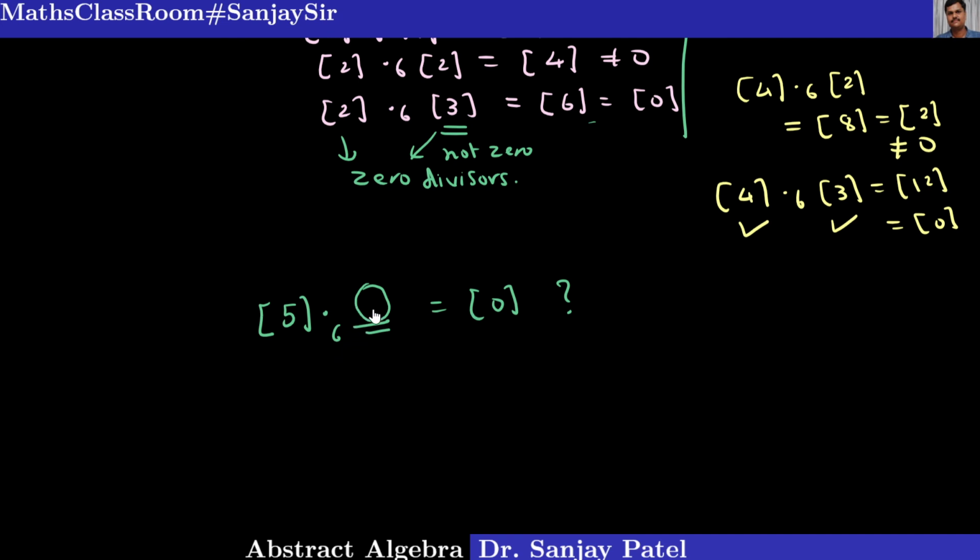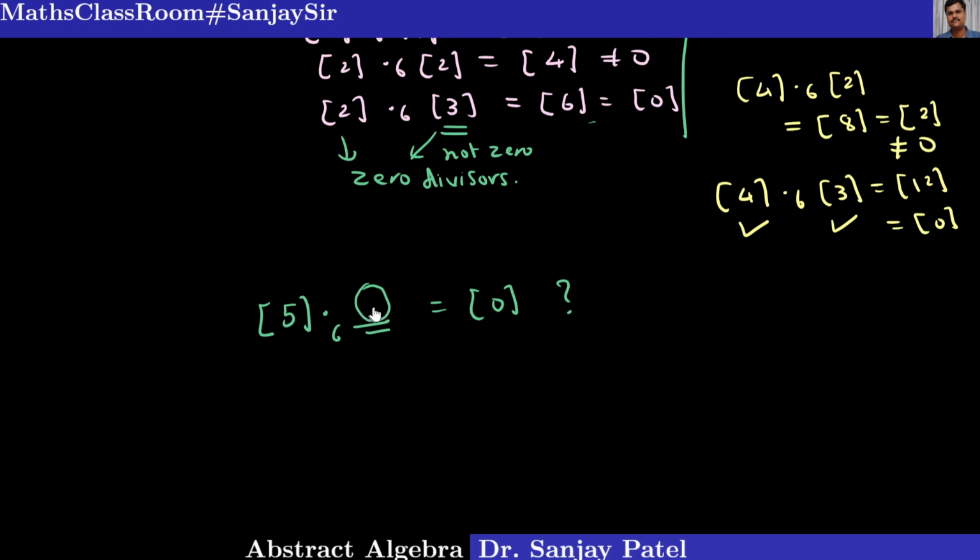Put 5 into 1, 5, not 0. 5 into 2, 10, but 10 divided by 6, the remainder is 4. And 5 into 3, 15. 15 modulo 6 is 3, because 6 2s are 12 and the remainder is 3.